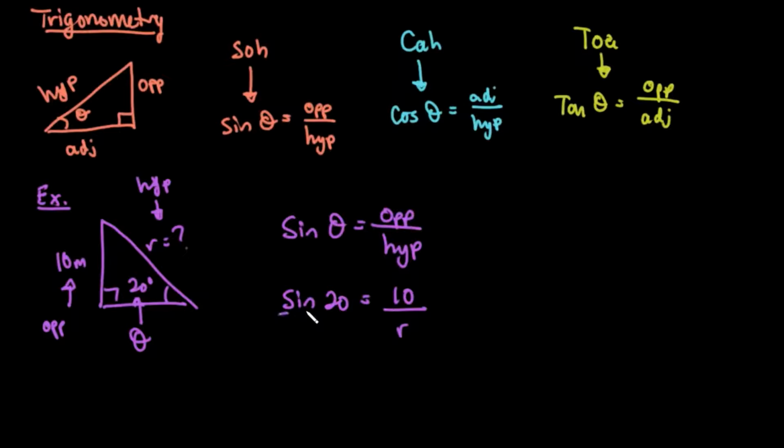So this is over 1, and we multiply up, so this becomes R sine 20 is equal to 1 times 10, which is just 10. To get R by itself, we divide both sides by sine 20.